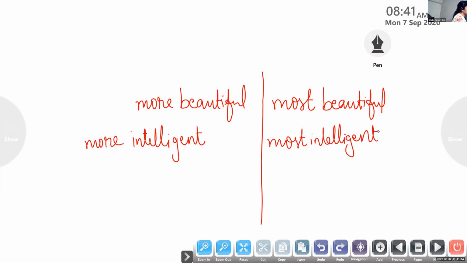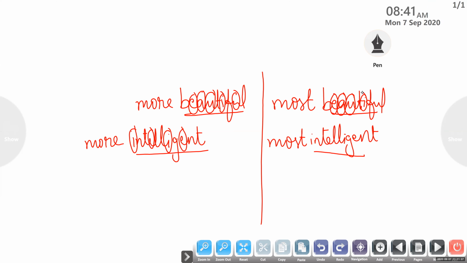See, when you look at these words, intelligent, beautiful and all, you can see there are three or more than three vowels. Know the vowel letters very clearly. Count the vowels in all these words. That is what the rule follows.